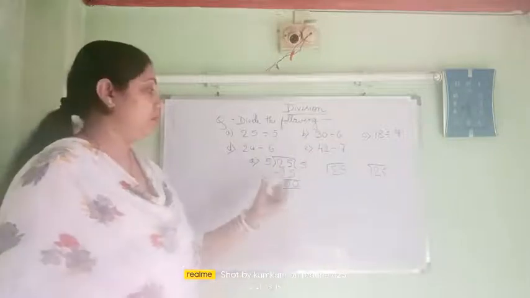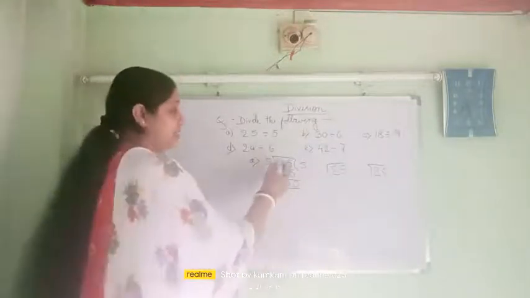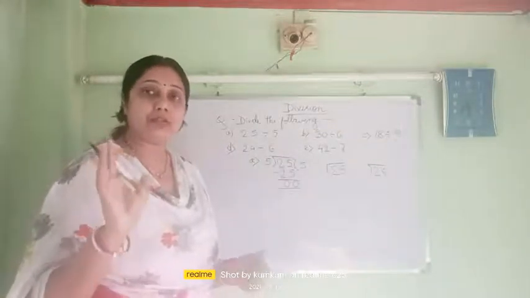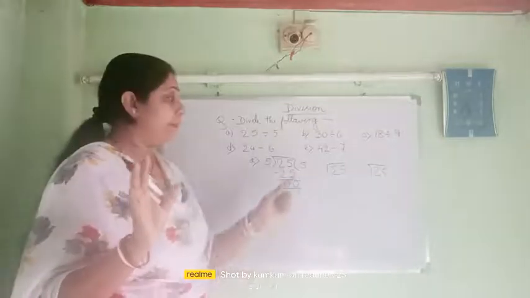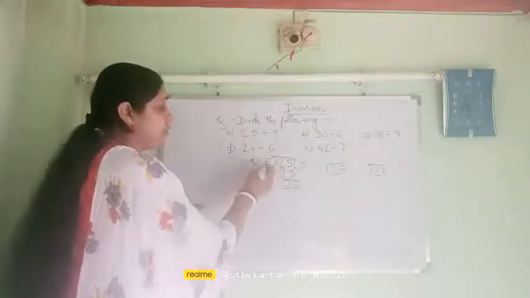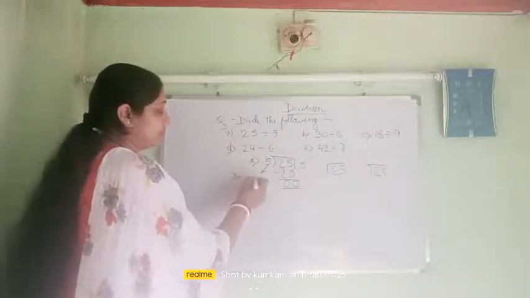Here, no need to write the names until they are asked in the question. I will show you what type of questions may come, but you should know the terms.